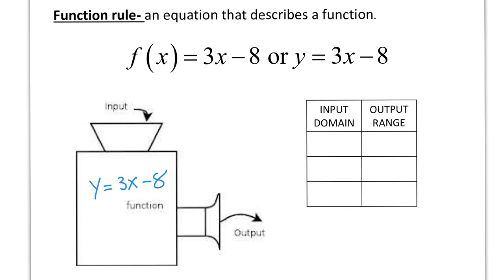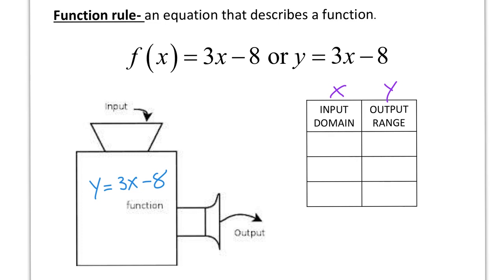When you guys want to make a t-table, notice here we don't have any numbers for this table, but I know that my inputs are my domain values and my outputs are my range values. In other words, these are your X values and these are your Y values. So I'm going to put those values here, X and Y. So when you guys make a table, you can actually choose the X values that you want to input, and then you just want to find out what are the Y values.